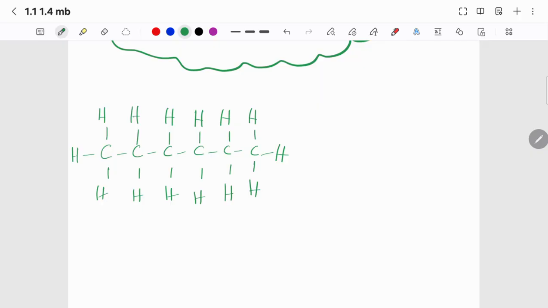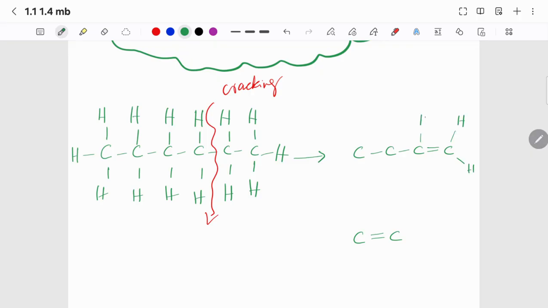I'm again going to break it down from here. So resultantly, I got a 4 carbon chain and a 2 carbon chain. And I want to make both of them an alkene. So I put a double bond with both the molecules. Now let me complete its hydrogen number.